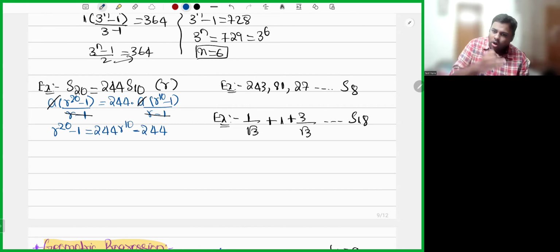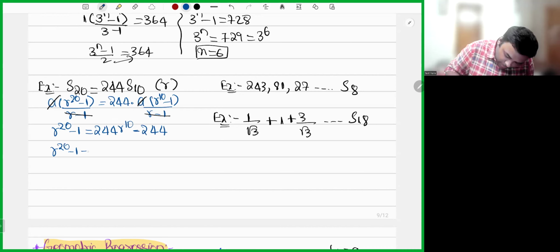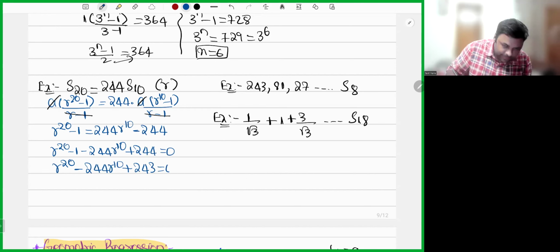Let me take all the values to one side. Let's see what we'll get. r power 20 minus 1 minus 244 r power 10 plus 244 is equal to 0. r power 20 minus 244 r power 10, and minus 1 plus 244 is plus 243, equal to 0.